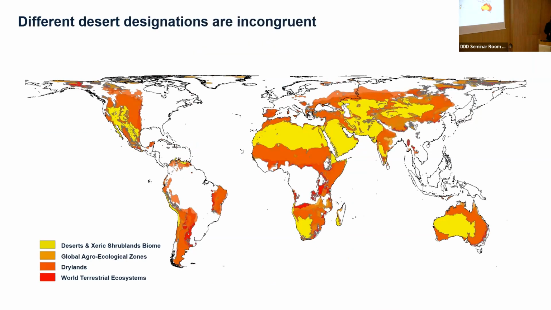However, a major barrier facing conservation planning in desert regions is the application of different classifications, such as desert, dry land, arid, each with different approaches to categorizing desert.